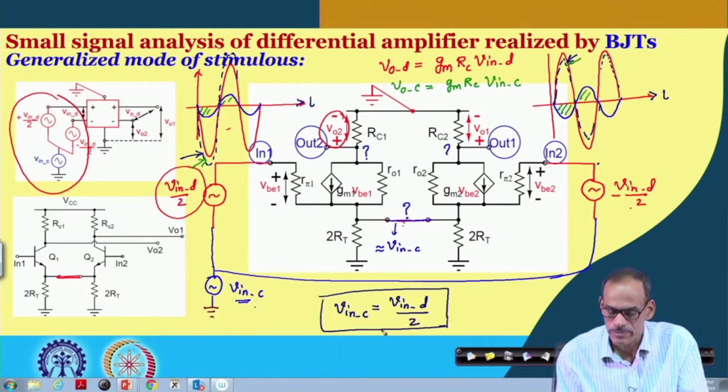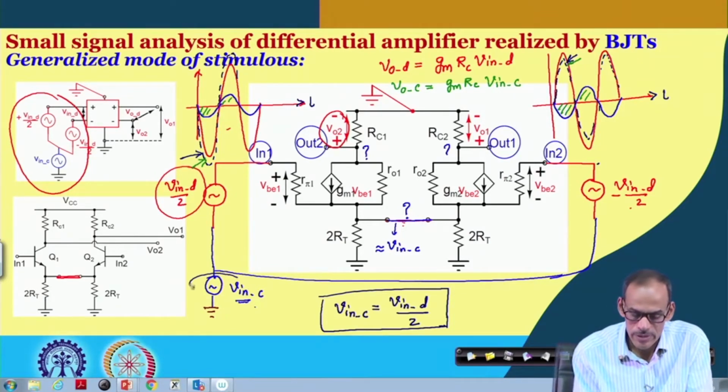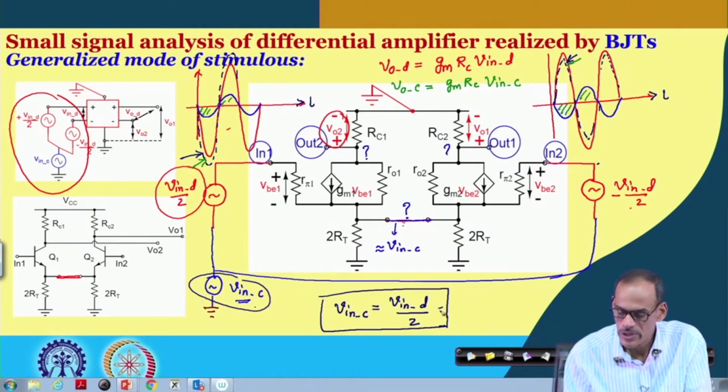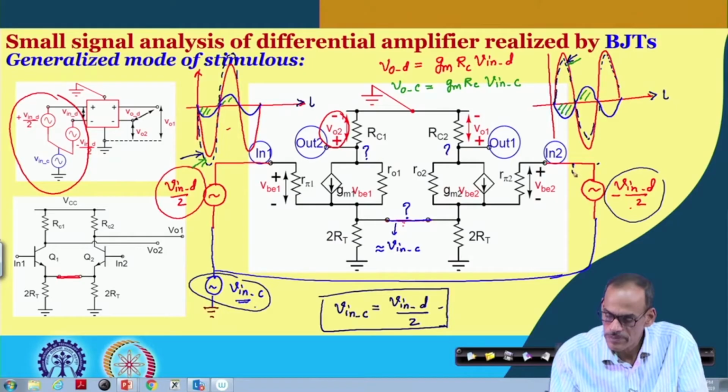So what happens? In this case, this part is V in D by 2, and then we do have minus V in D by 2. So together that gives us a 0 signal here.